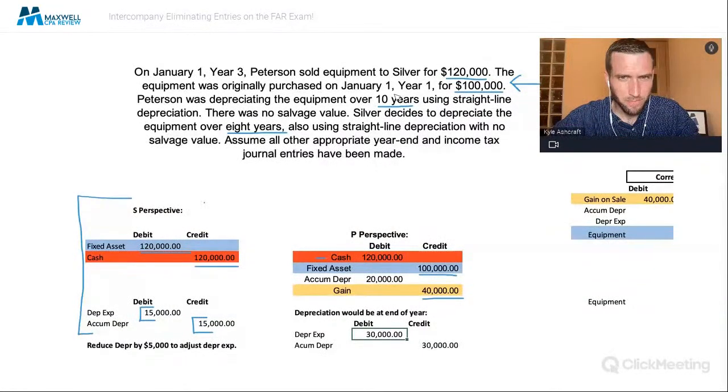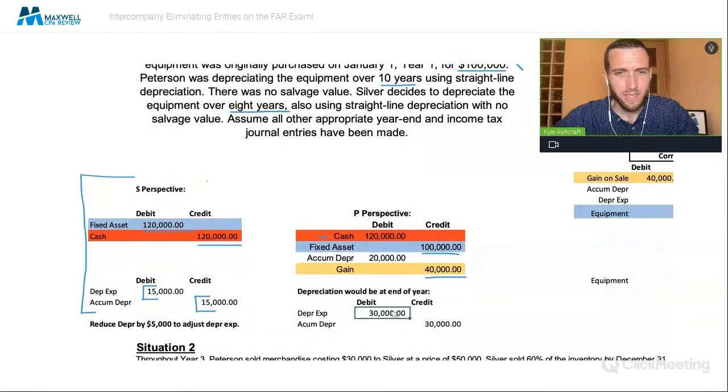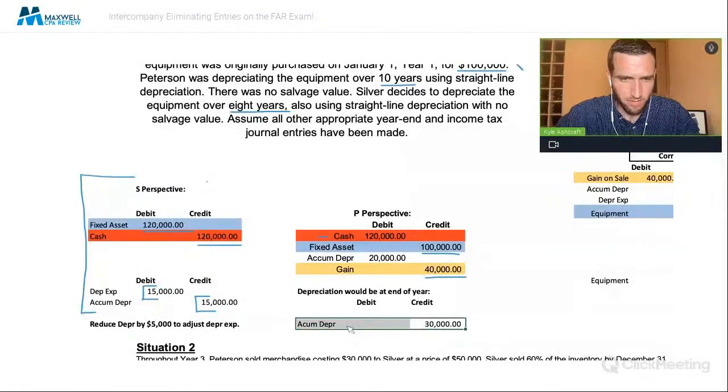They owned it for 2 years and they're just doing 10,000 a year. So their accumulated depreciation would have been just 10,000 times 3, because they would have had it for 3 years, right?